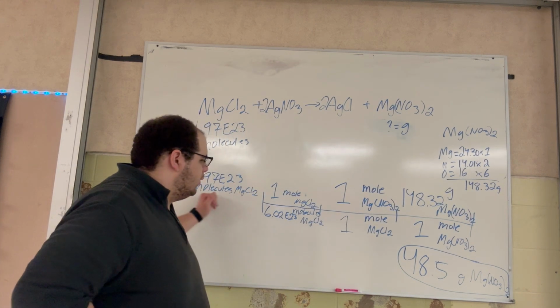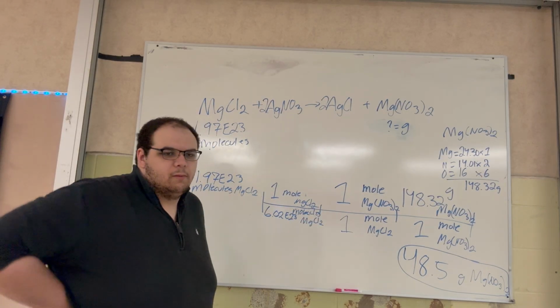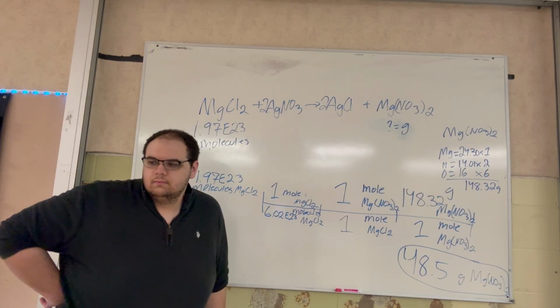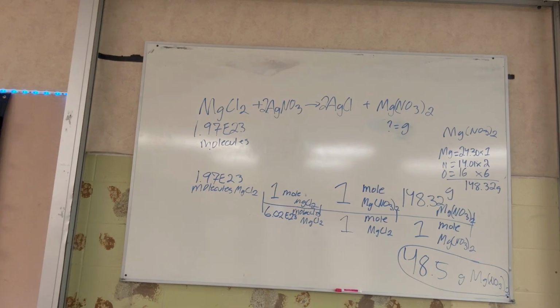This is basically one really big fraction. You multiply everything on the top, divide by the bottom. Did I put it wrong? I got the same number. That's because in this step you didn't put E23. 1.97 E23.